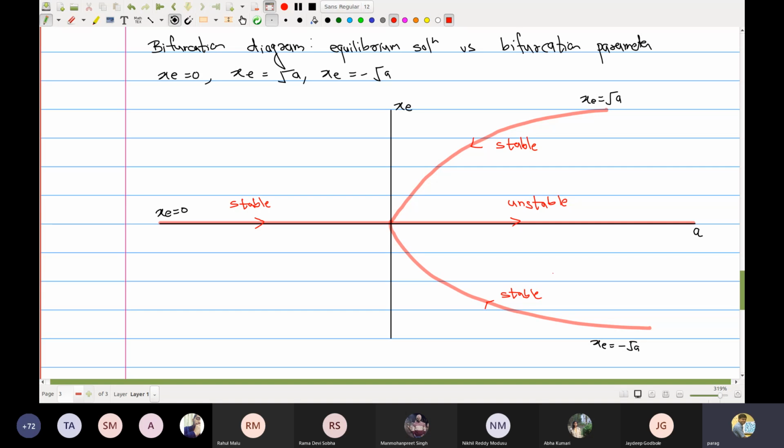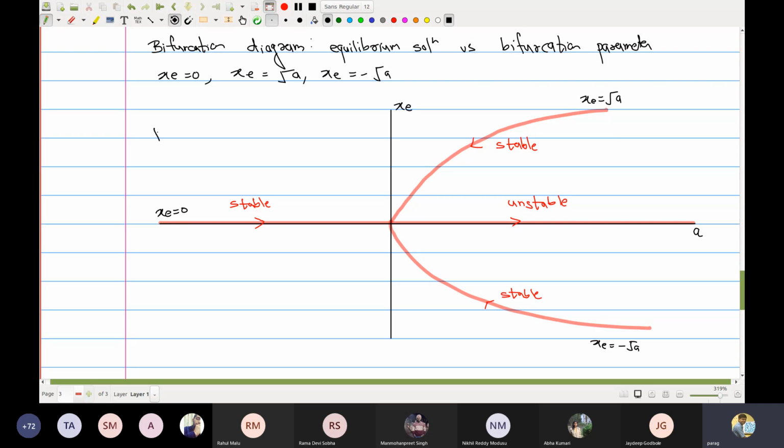The only thing left is to know whether a particular arm is stable or unstable. For that, you check the condition for bifurcation and draw the arrows accordingly.